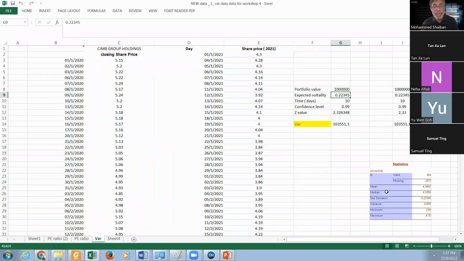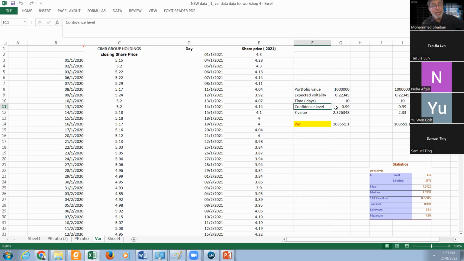As I showed you in the Excel file, you can calculate the mean, the median, the standard deviation, the variance, and the minimum and the maximum of the price of those observations.